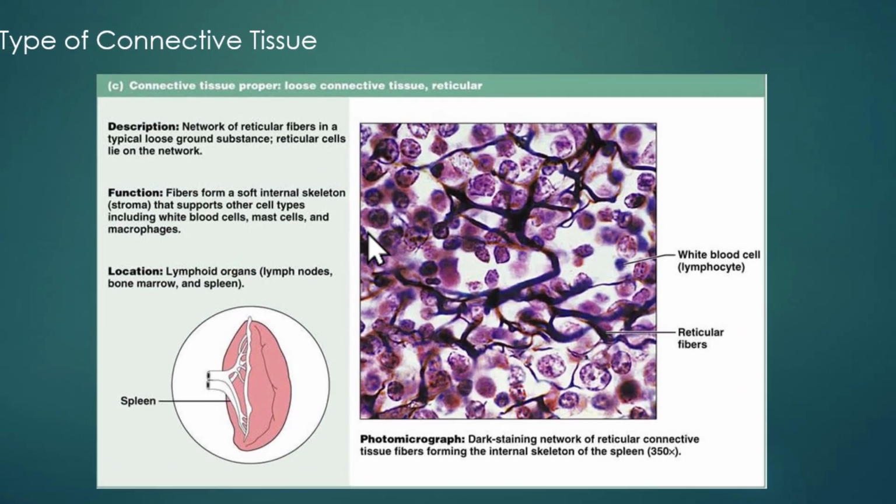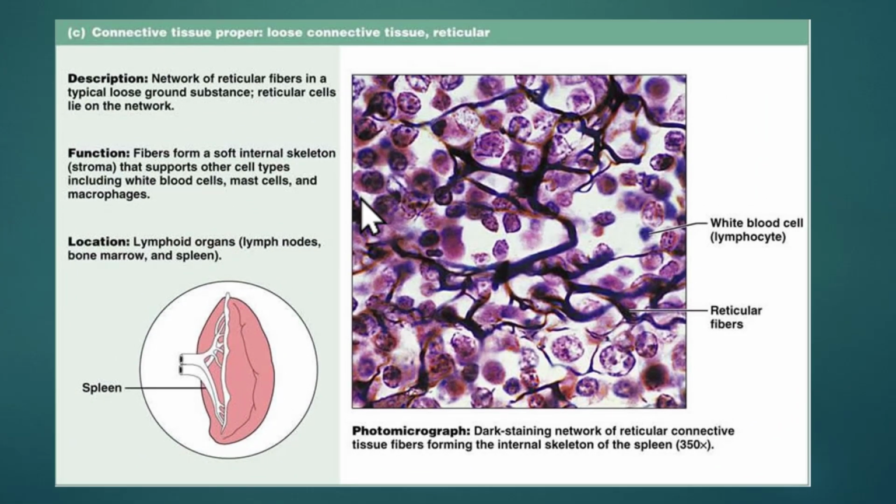All right, another one is reticular tissue. Now, reticular tissue is very unusual. It's found in your lymphoid tissue, your lymph nodes, the bone marrow, the spleen. What it does is it provides a network of fibers that blood cells can hang on to. For example, we have reticular tissue in our thymus, which is right in our chest, right below the manubrium of the sternum.